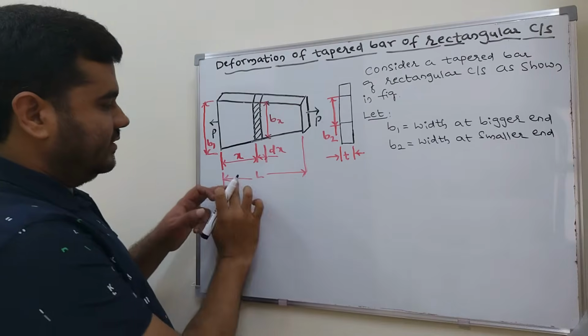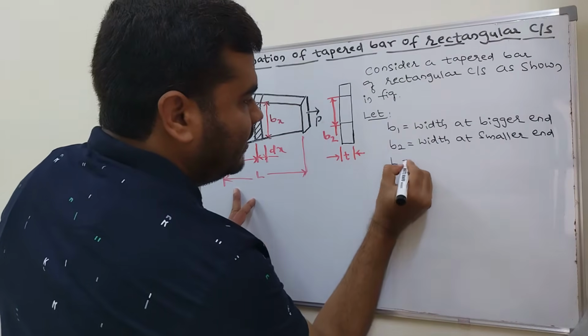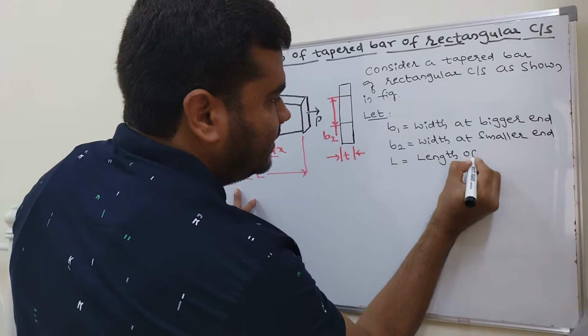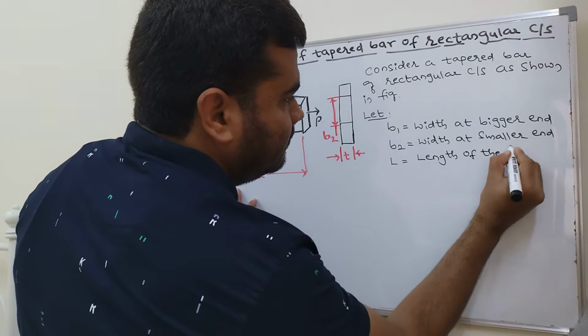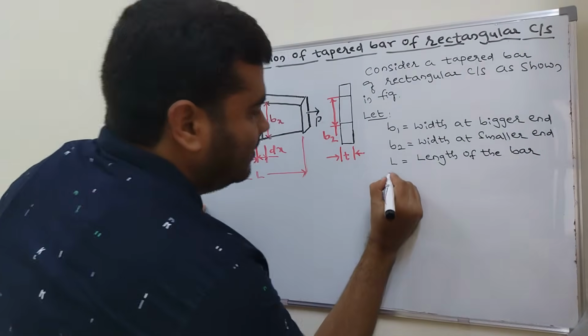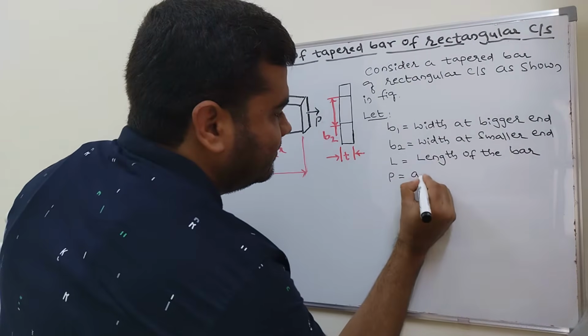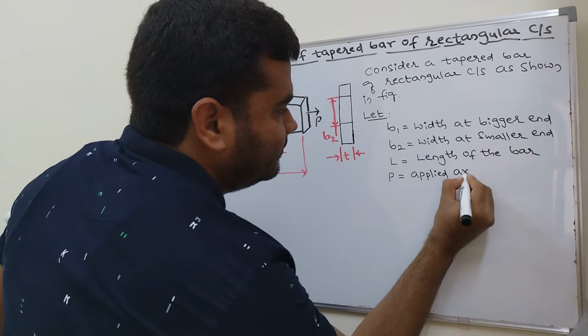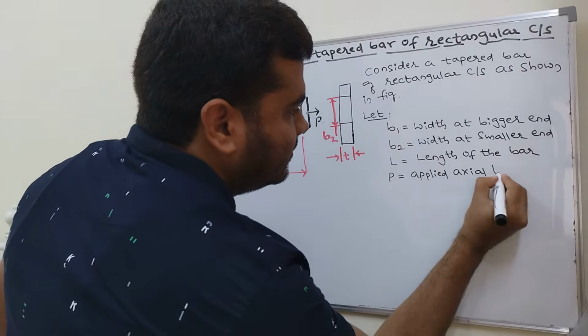Okay. Next, L. What is the L here? L equal to length of the bar. Okay. What is P here? P equal to applied axial tensile load.